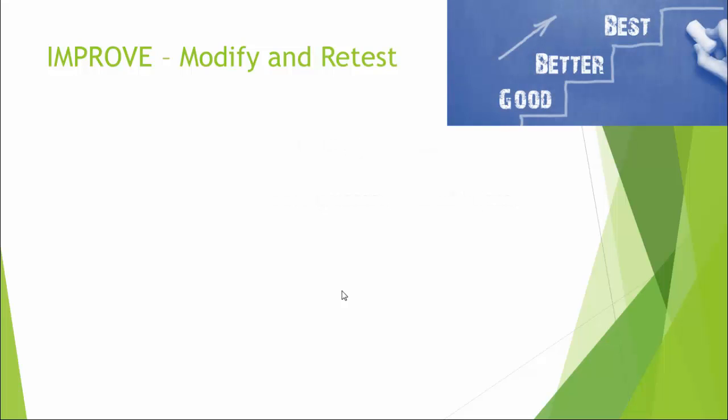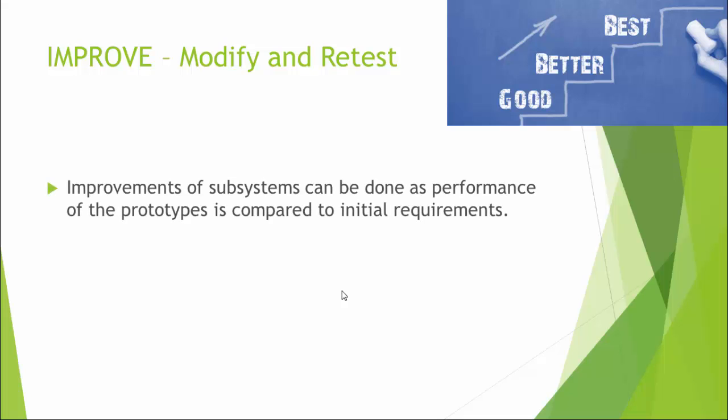Now, once we've gone public with our website, once we've released it, this doesn't mean that our testing and improvement phases are finished. We want to look at these things either as subsystems, so individual pages, or as a whole, the complete website, and continue doing development as we find ways to do things better.